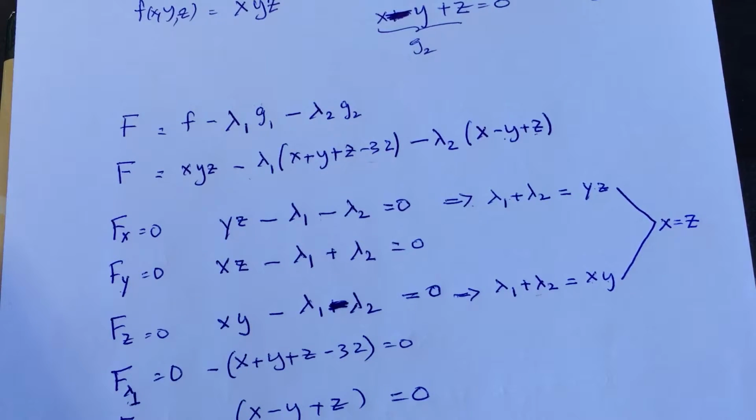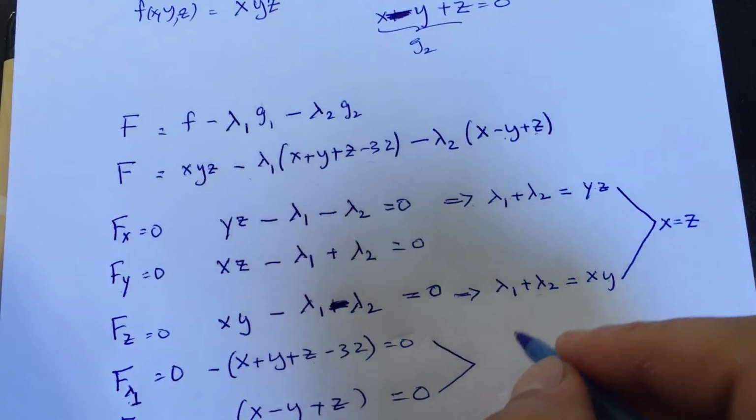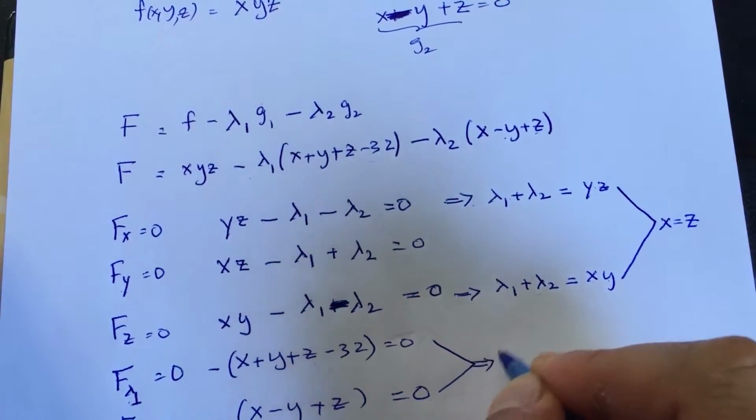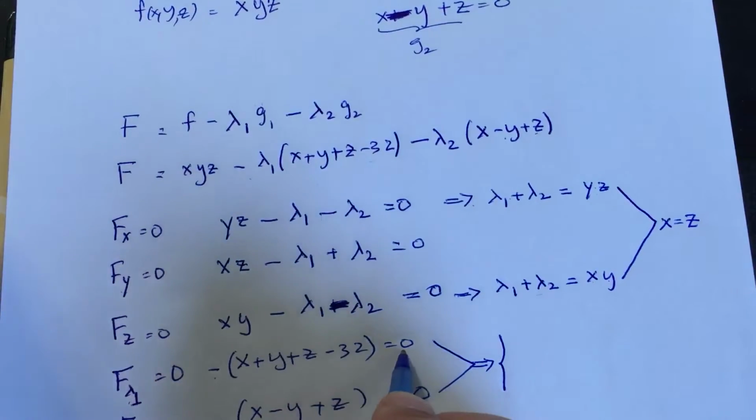Alright, so what else can we get from here? Now, if x equals z, we have something we can play with in these two equations. If x equals z, the minus can multiply with the minus and is gone.